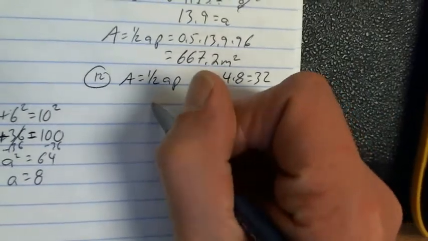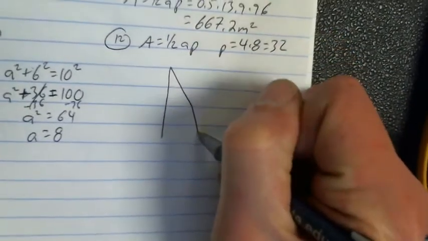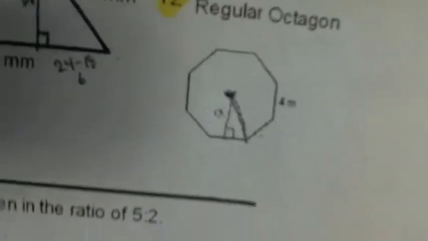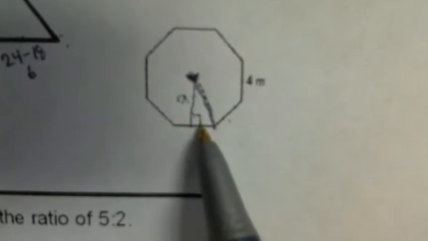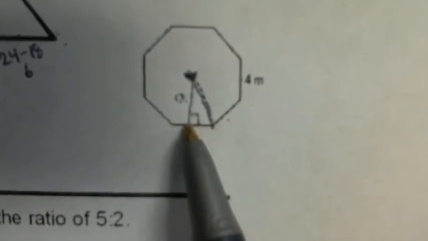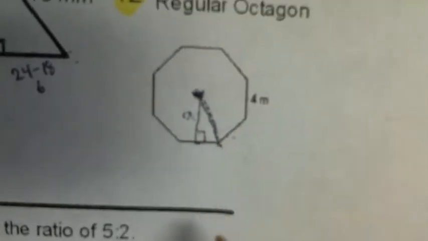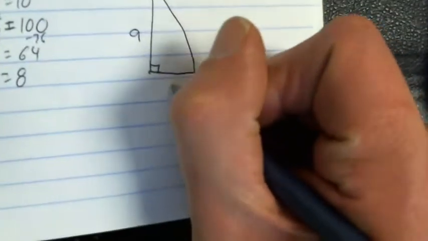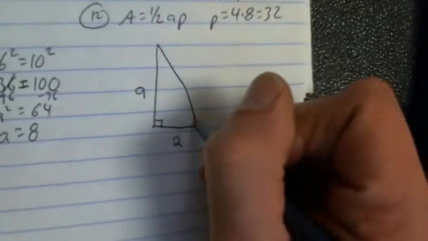Now it's left to find our apothem. We use our usual triangle. Here's our apothem. If the side is 4, half of that side is going to be 2. We need to find this angle.